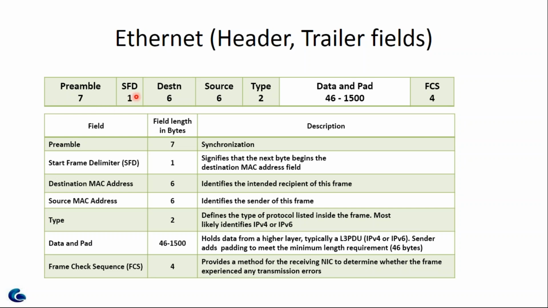The SFD is also there, and it is a part of the synchronization. The moment the useful information, the destination address, begins, the receiver also starts calculating the FCS value on its own. That means there is an independent calculation at the receiver side too.